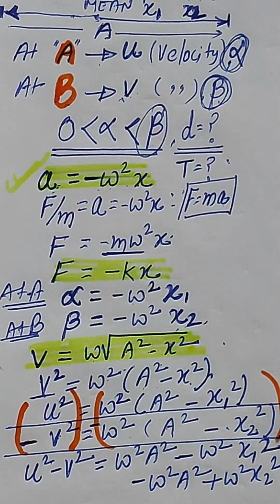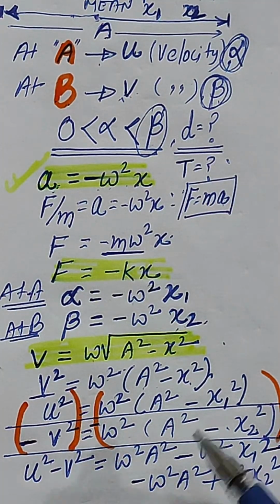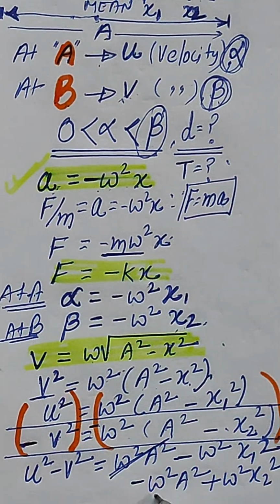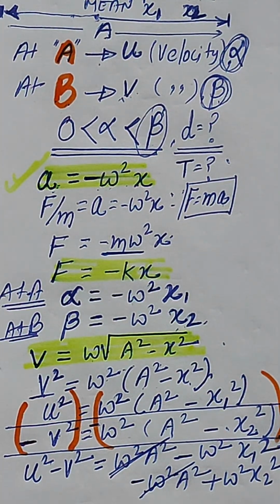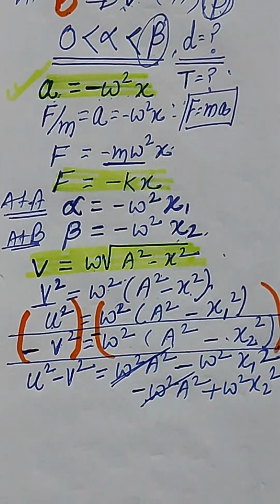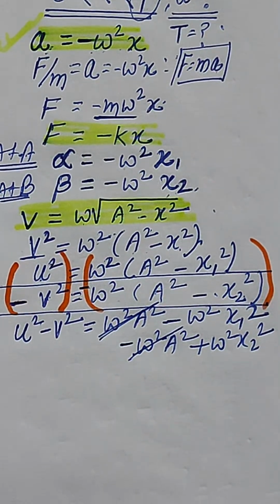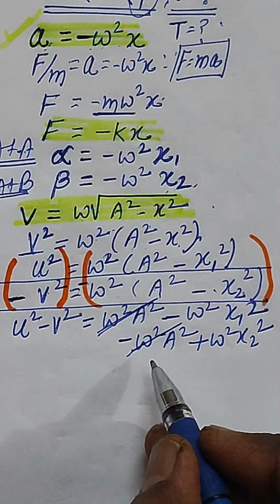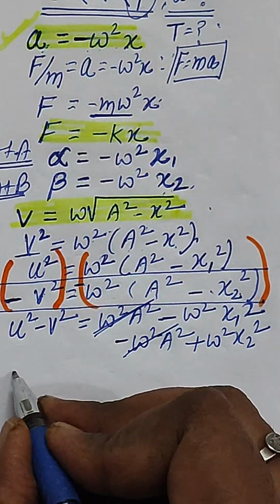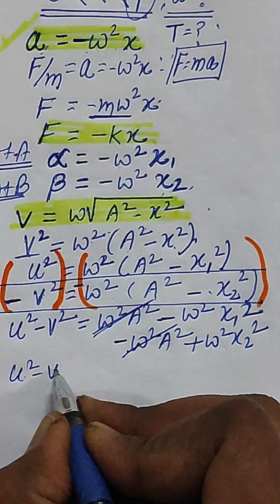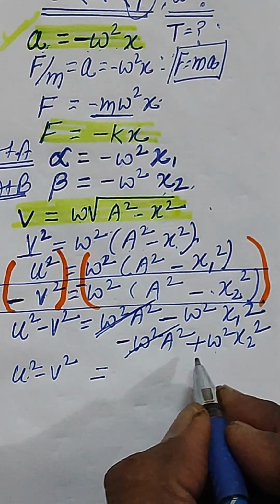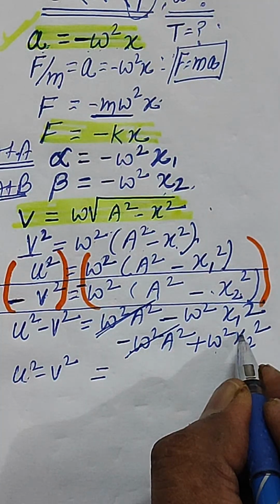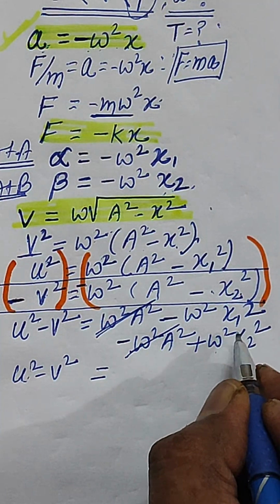Now omega square a square and omega square a square will cancel out, and this will give you the value of u square minus v square equal to omega square into x2 square minus x1 square.